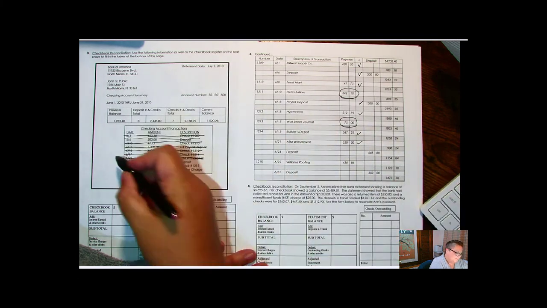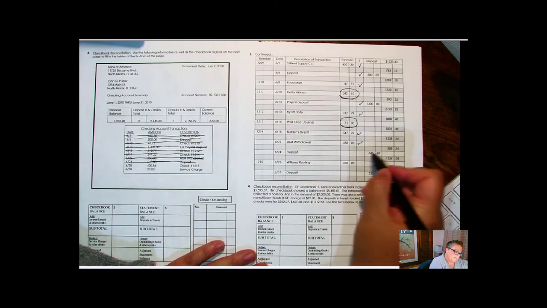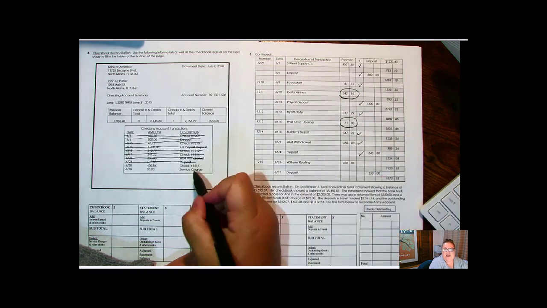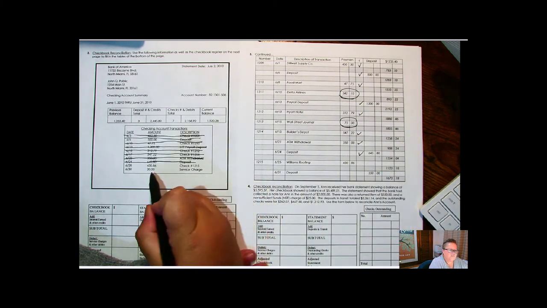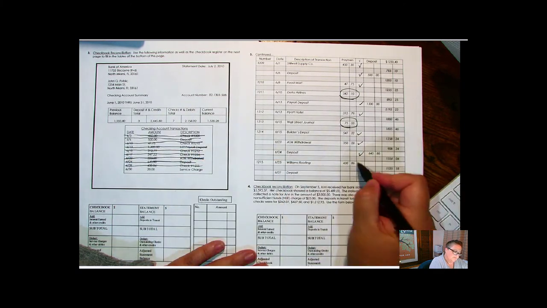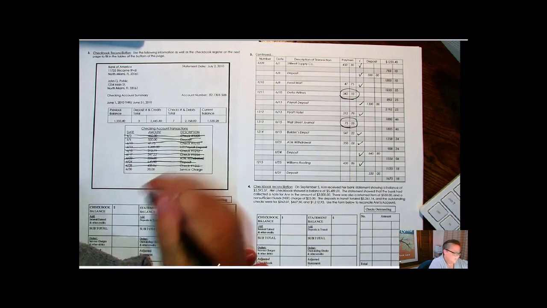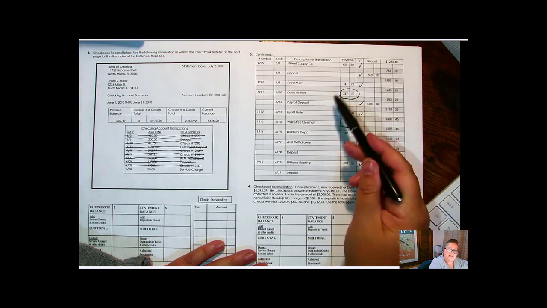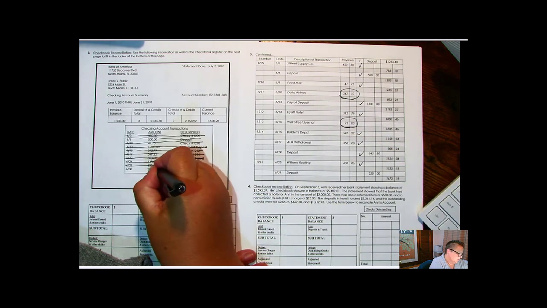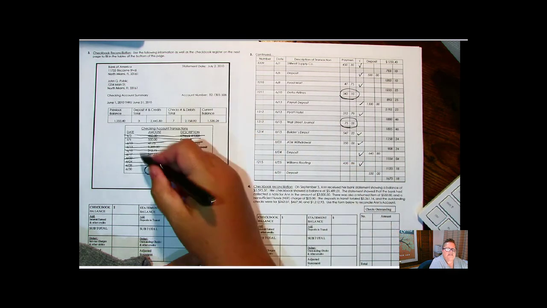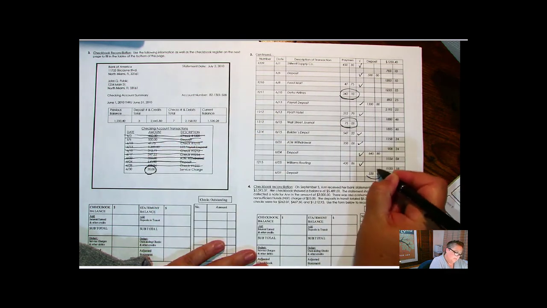I have a deposit of $645.80. That is the same deposit listed in my checkbook, $645.80. I have check 1215 for $430.86. And we have check 1215 for $430.86. I have a $20 service charge. And that's nowhere in here, so I will circle this one. And then lastly, we have a $550 deposit that is not on here, so I will also need to highlight this guy.